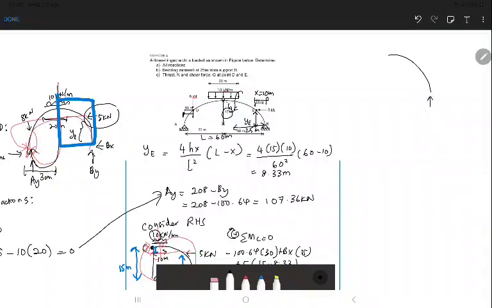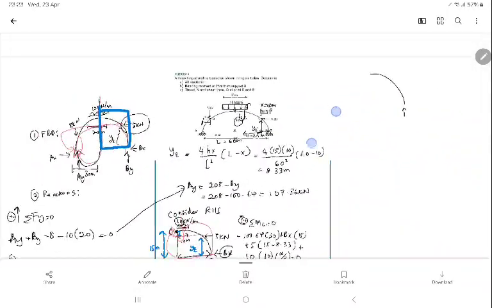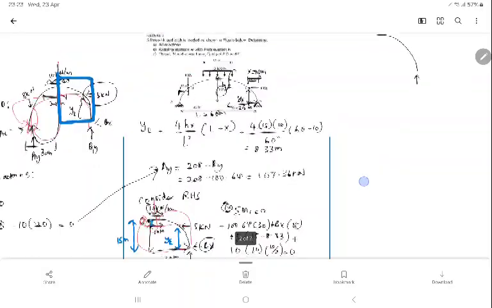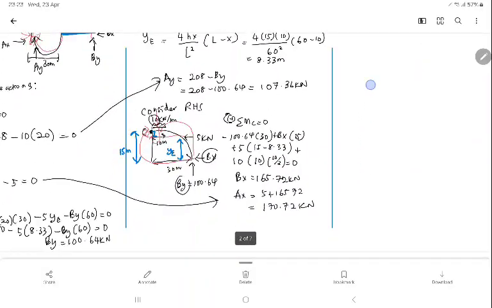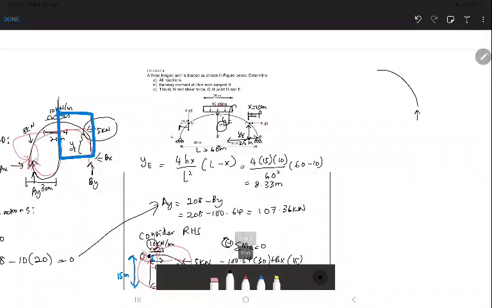Okay, you get By. How much By? By 100.64, Bx 165.72.